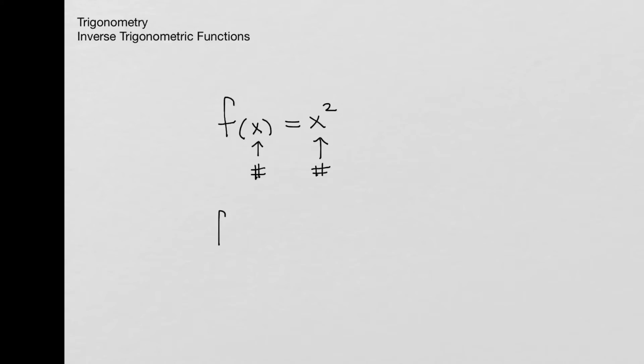So now suppose we're talking about f of theta equals the cosine of theta. So here we have a function. My input is theta, and this is an angle. And the output that we get when we take the cosine of theta is a ratio.